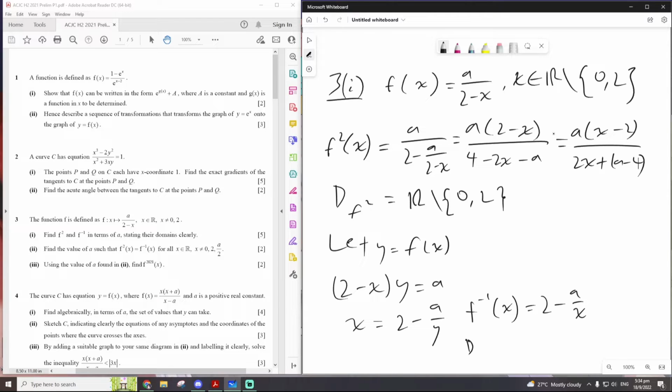Okay, the domain of f inverse is the range of f. What's the range of f though? Now, there's a horizontal asymptote of 0 as x tends to infinity, and the vertical asymptote of x equals 2, right? So actually it can take on every value except 0. So the range of f is the real numbers except for 0 itself.